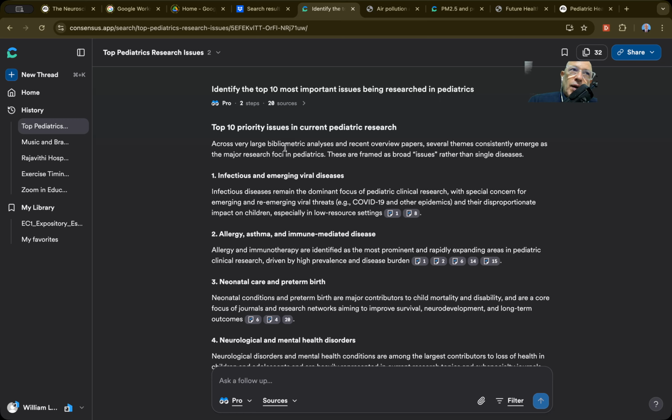And again, AI can be completely wrong, but I think these results are very useful. And so rather than searching with Google or Google Scholar, this makes that redundant. This is much more powerful than Google Scholar.